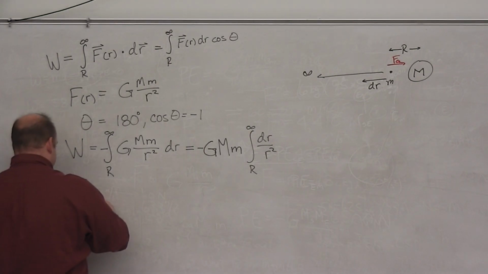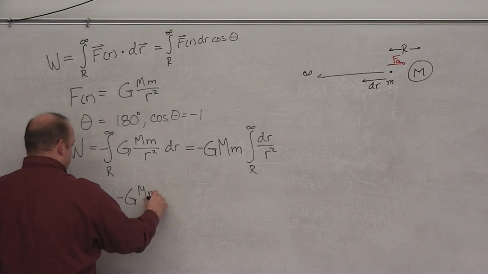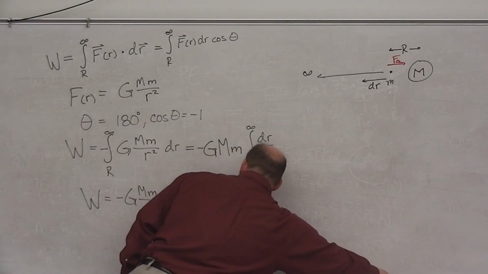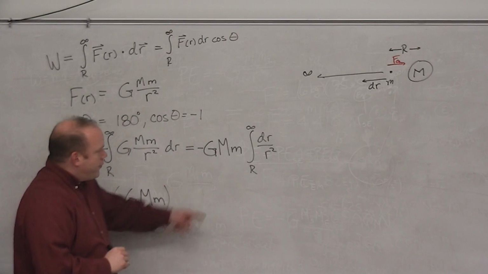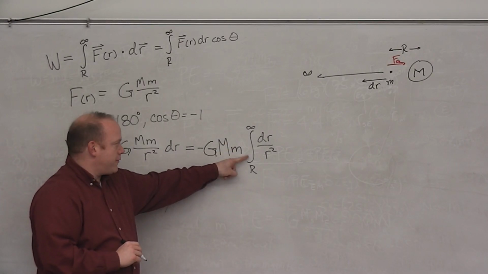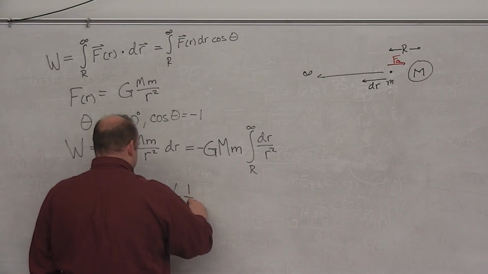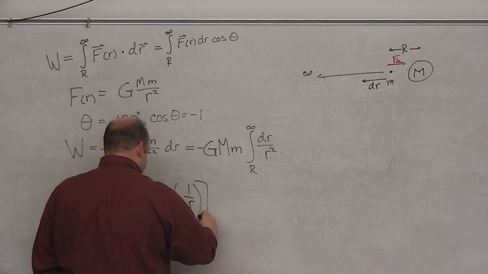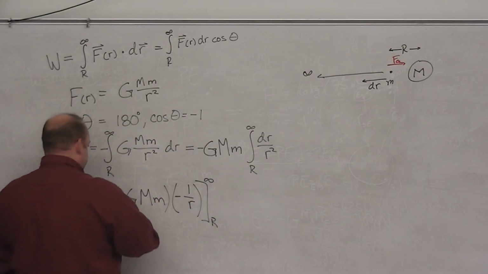So, I do that integral. Integral of 1 over r squared. So I kind of keep aside here my negative G, big M, little m. Integral of 1 over r squared is going to be negative 1 over r. So I get negative 1 over r as r goes from big R to infinity. Negative, negative becomes positive, positive.